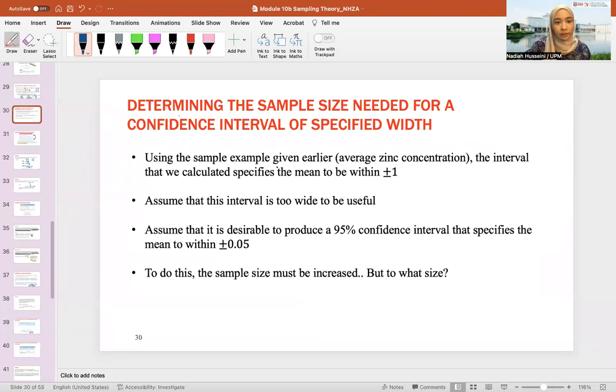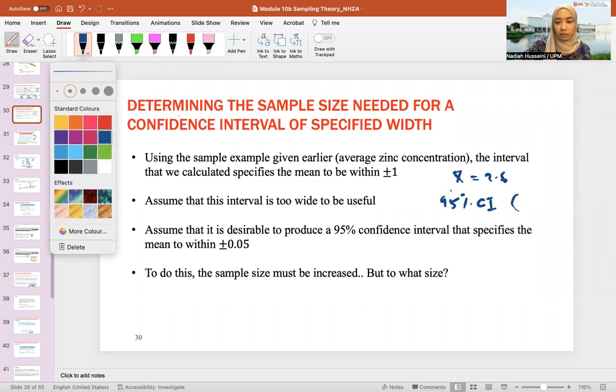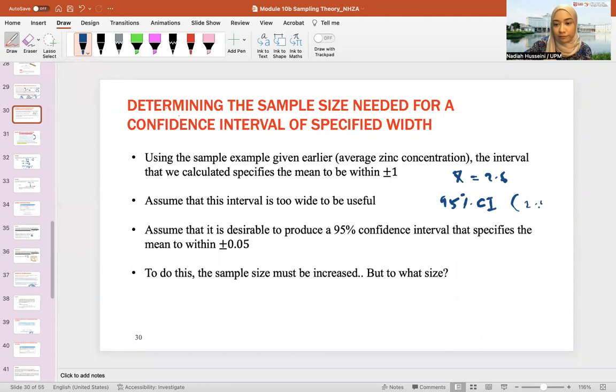So using the example given earlier, our sample mean was 2.6 and the 95% CI was between 2.5 and 2.7. This was our range, or the interval. The interval that we calculated specifies the mean to be within plus or minus 0.1.